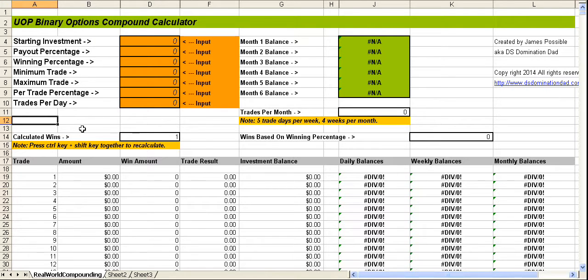And so I wanted to produce a compound calculator that would give you a real feel for the potential outcome and the potential risk as well, so you could understand where you needed to be as a trader when trading.